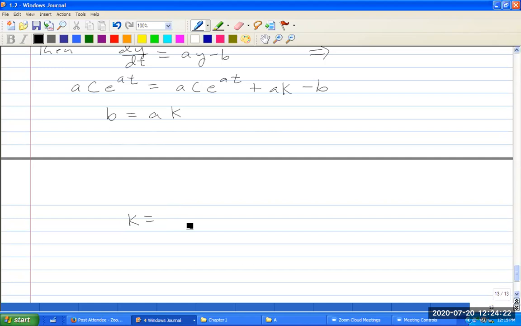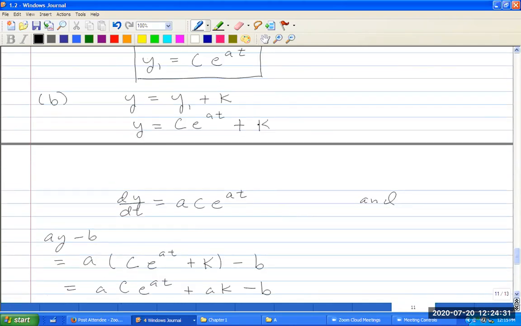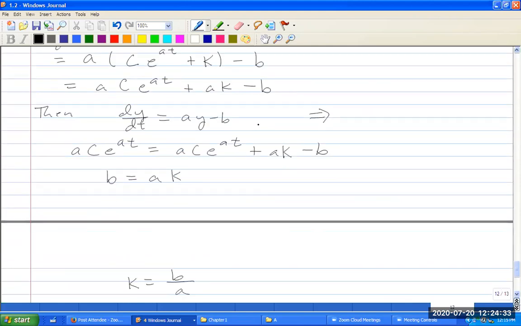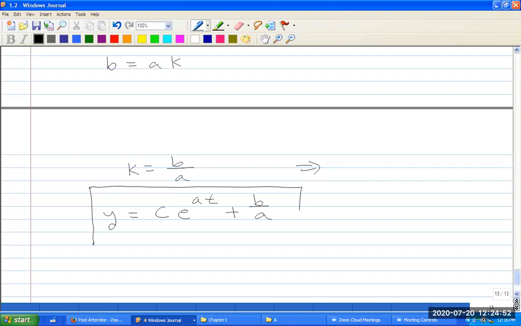And so let me plug in. So now I have that the solution is y equals c e to the at plus k, which is b over a. And that is your solution.